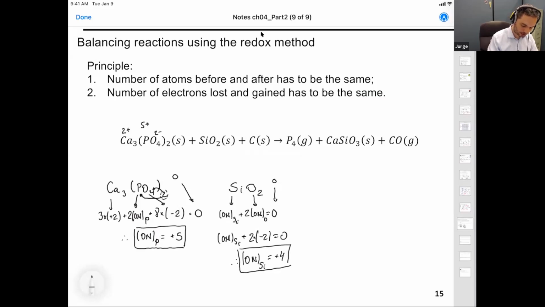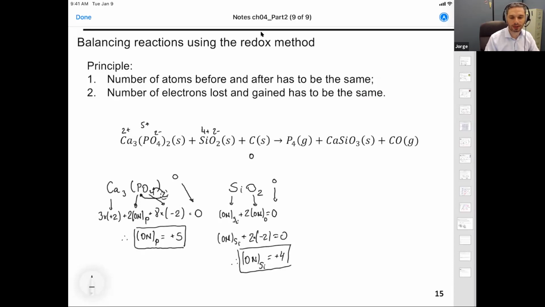Then I will write on top of each element the oxidation numbers, +4 and 2 minus for oxygen. The next one is carbon. Carbon is by itself, no charges outside, so that means the oxidation number is 0.